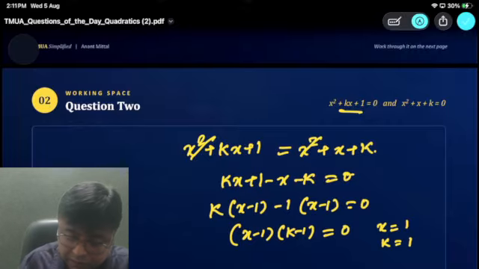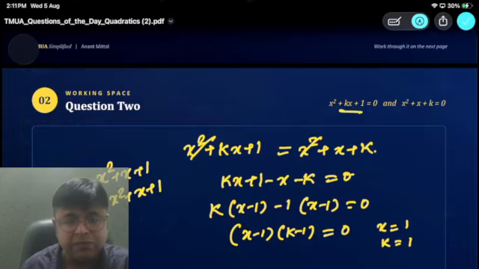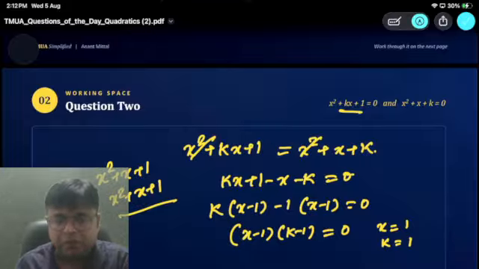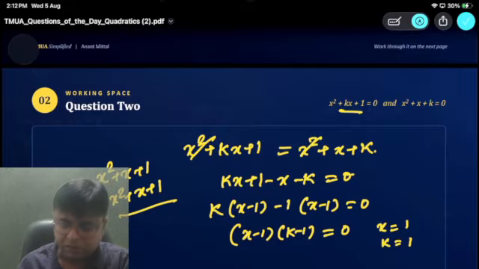If I put k as 1, I'm going to get the same equation, and roots are imaginary. Discriminant is less than 0. So roots will be imaginary for both these equations. If the roots are imaginary, there is no point talking about a common root because we are talking about real roots, right?